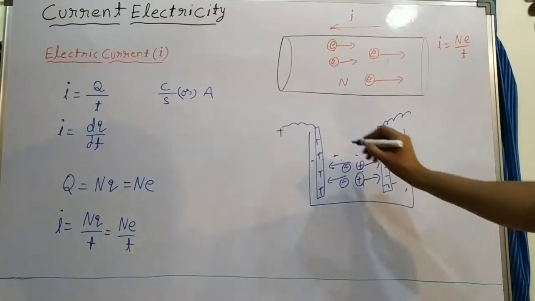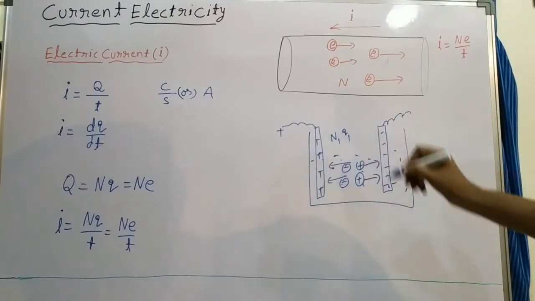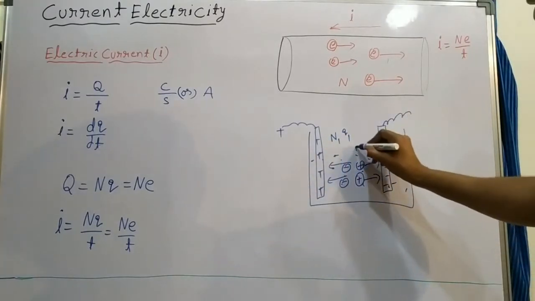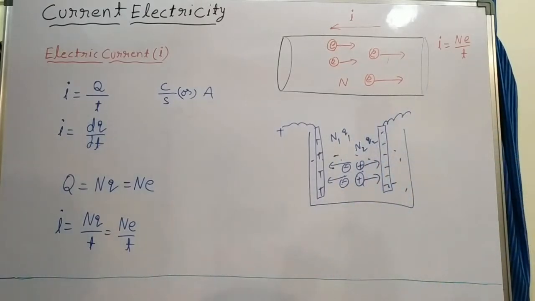Suppose n1 number of negative charges are there, each of charge q1, and n2 number of positive charges, each of charge q2, are moving in opposite directions. Then what is the amount of current flowing?